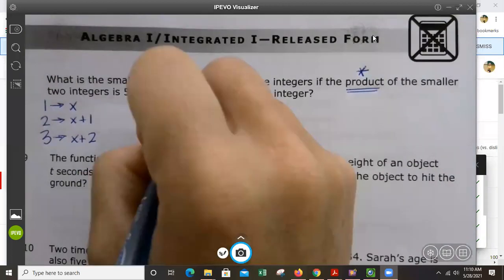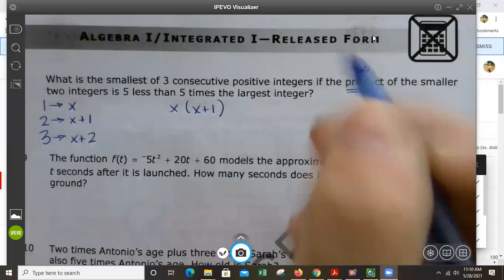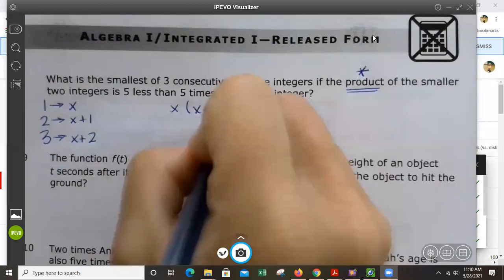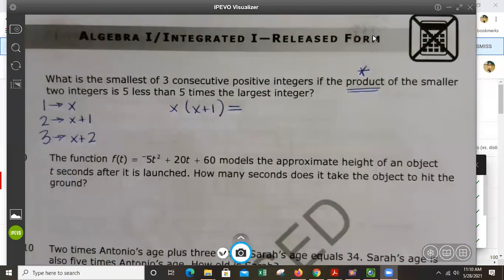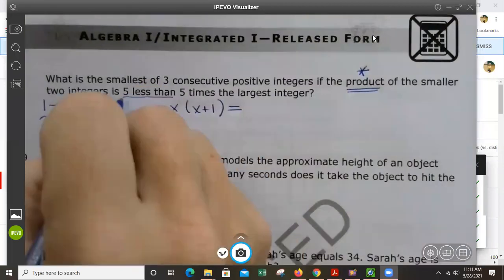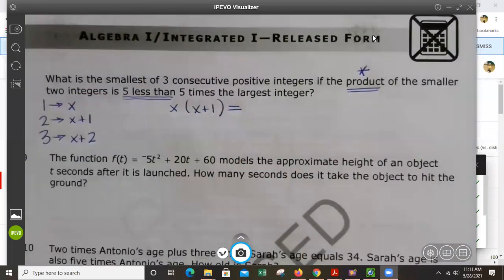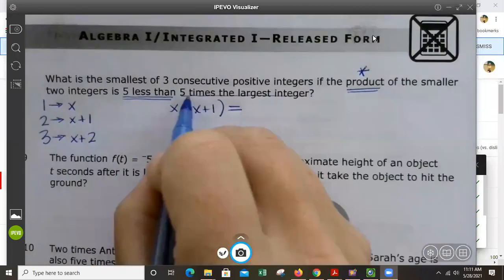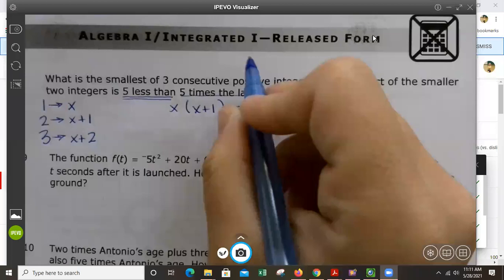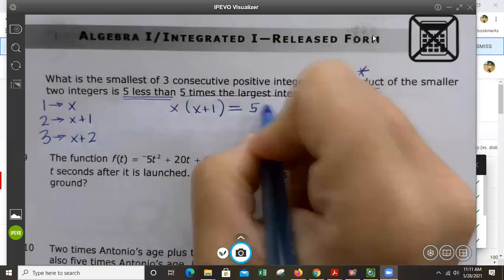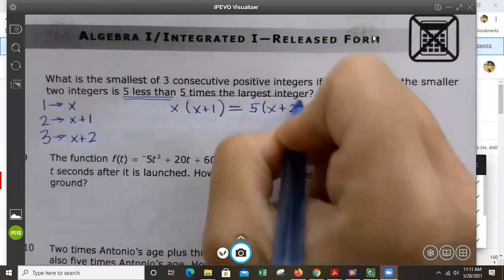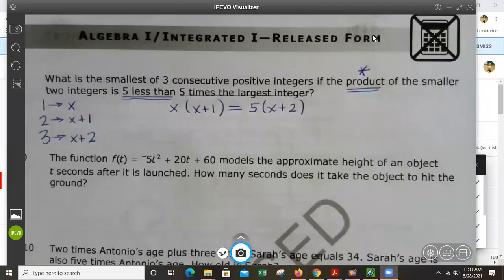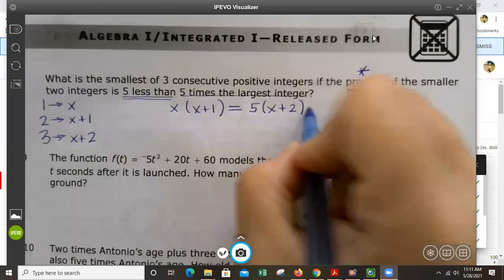So we're going to multiply those. When we get to is, that means equals. Be careful about this. We talked about this a lot. 5 less than 5 times the largest. How do I write 5 times the largest? Just write it in parentheses, right? 5 times x plus 2. How do I write 5 less than that? Subtract 5. That is perfect.